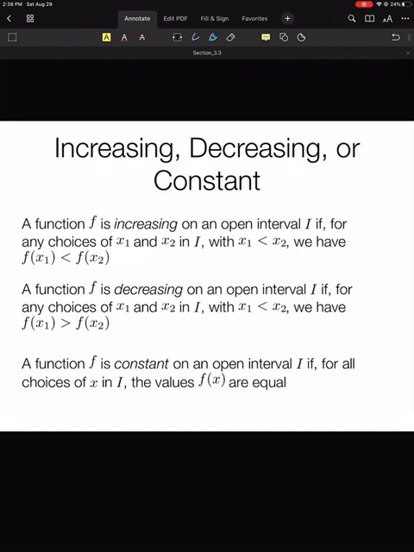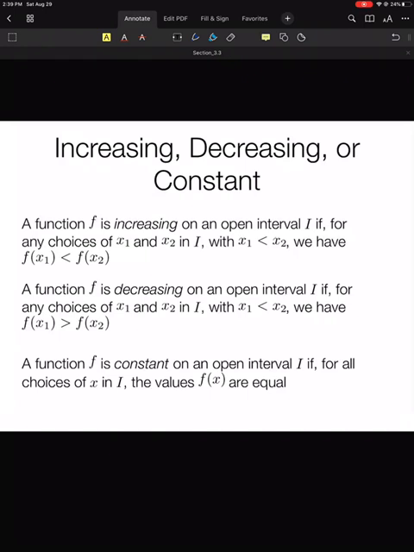I'm going to offer up here some really technical definitions, but don't let that scare you. It's just for completeness, so to speak, on my end. You can continue believing what you believe about increasing, decreasing, or constant. Now, let's get to the technical definitions.